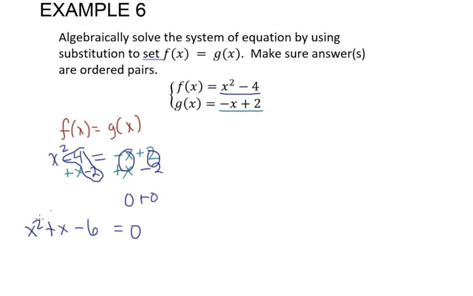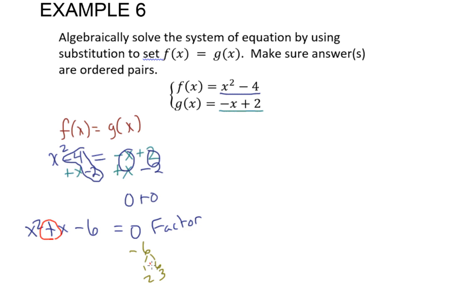Because this is set to 0, I know I need to factor it. So we're going to look at the factors of negative 6, which are 1 and 6 and 2 and 3. All right, since it's negative, one needs to be positive and one negative, and the larger one gets to be positive because of this right here.